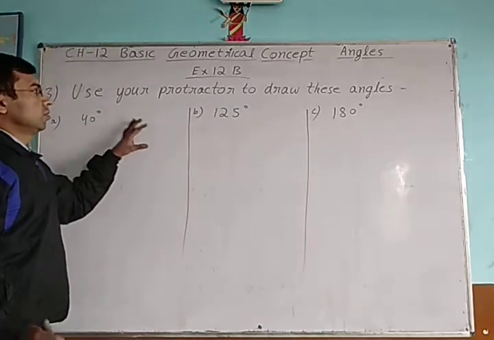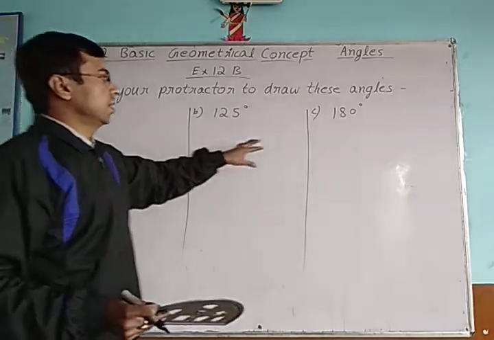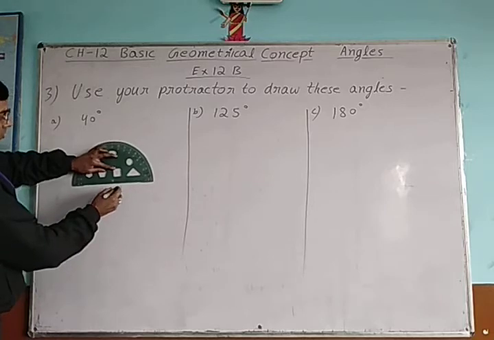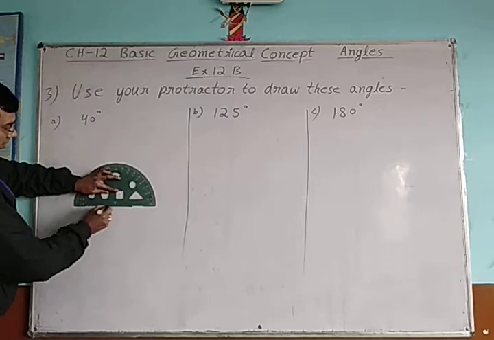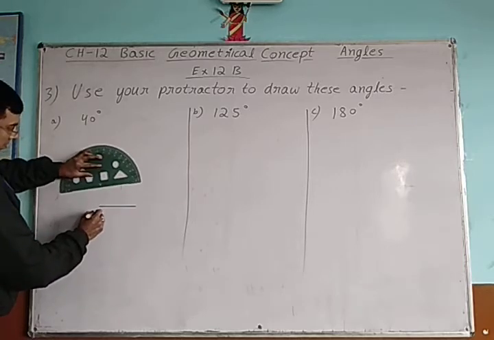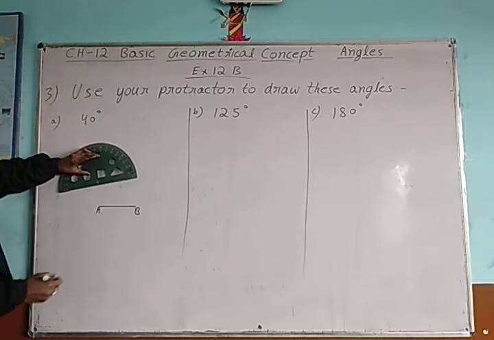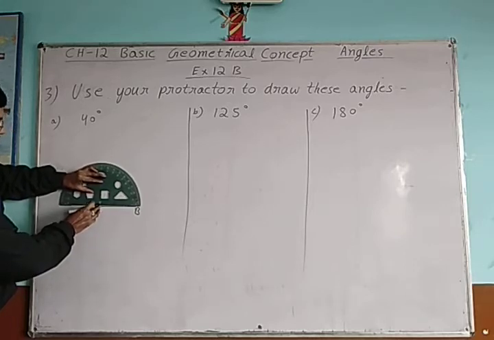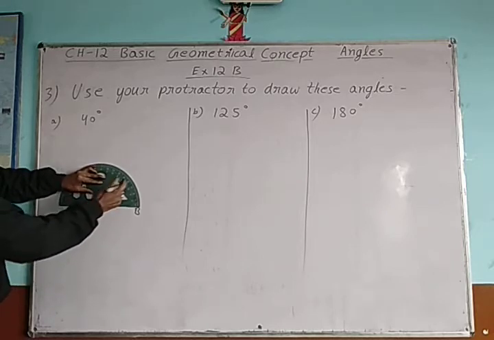Next question is, student, use your protractor to draw these angles: 40 degree, 125 degree, 180 degree. So first what do we have to do? First we have to draw one line. Clear? Name it AB. Clear? Now from one end point you keep this middle point of the protractor. Clear? And now measure 40 degree.